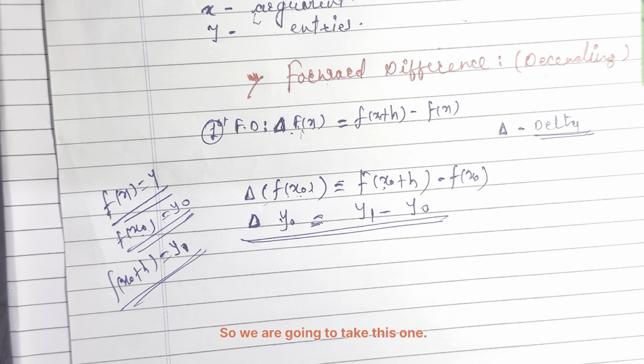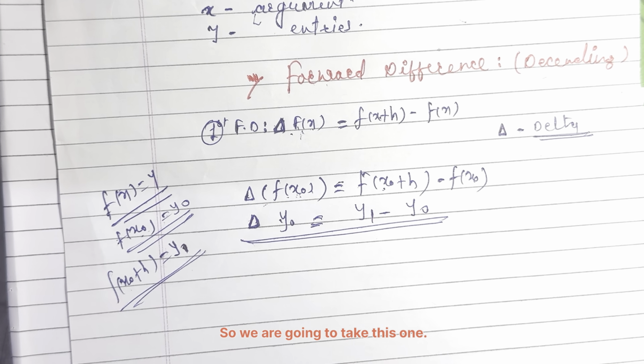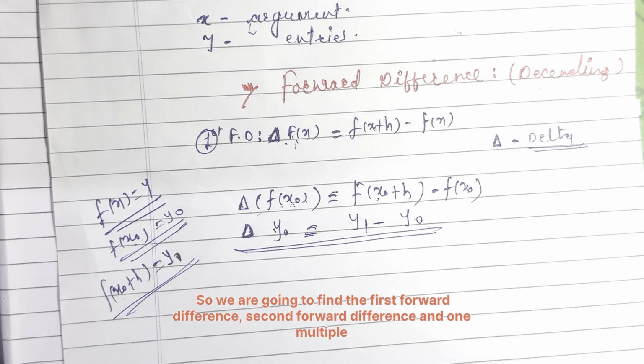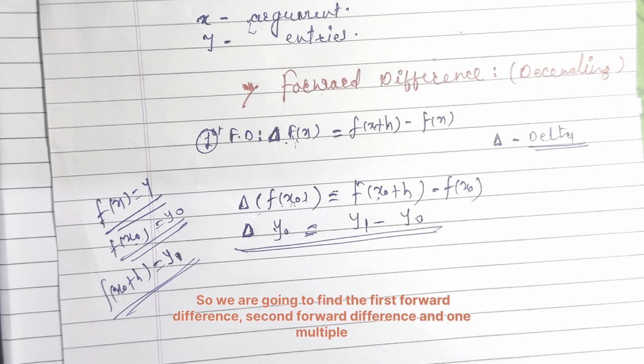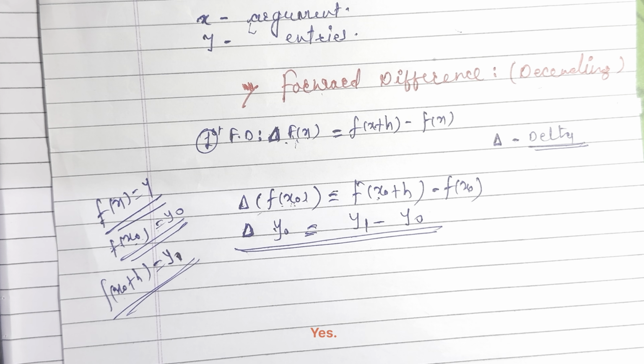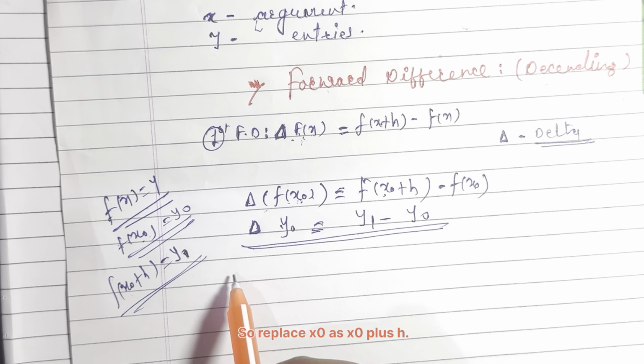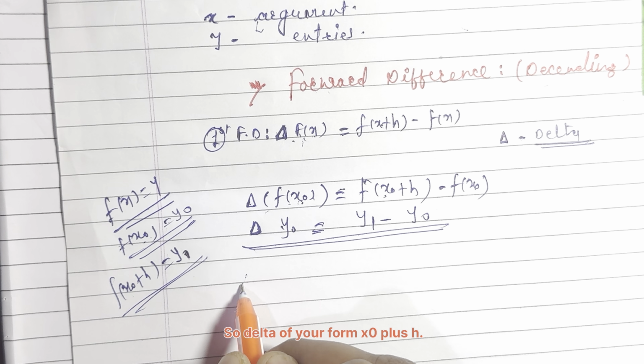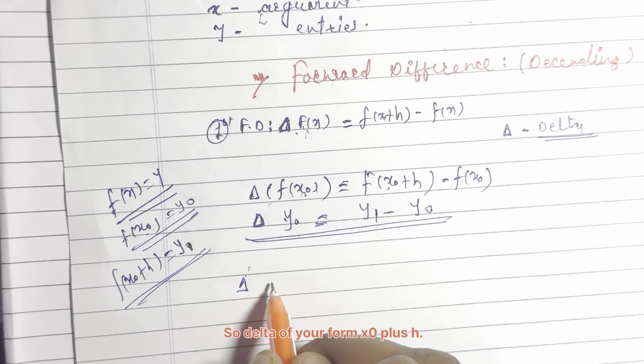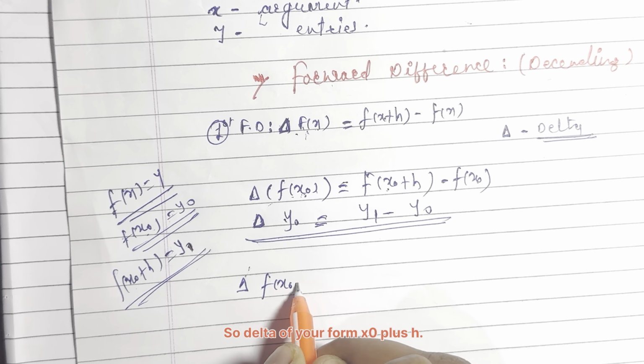What happens if I replace x0 with x0 plus h? We are going to find the first forward difference, second forward difference, and multiple forward differences. So replace x0 with x0 plus h, so delta of f of x0 plus h.